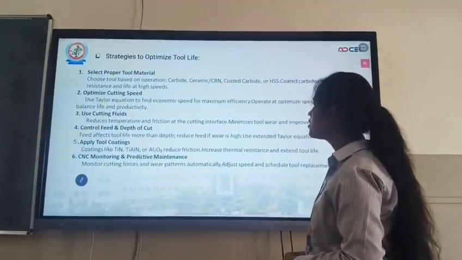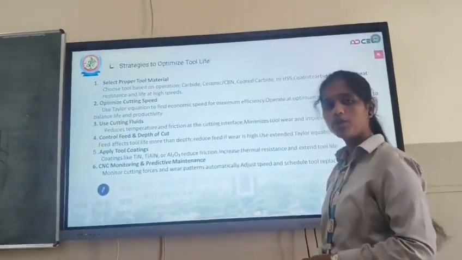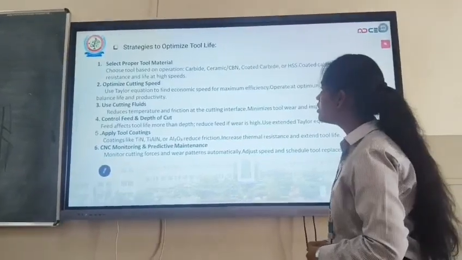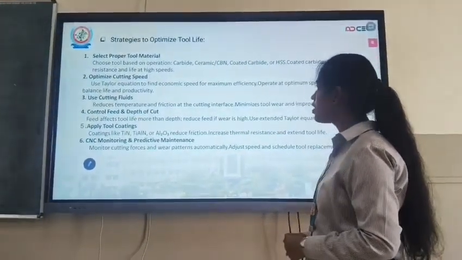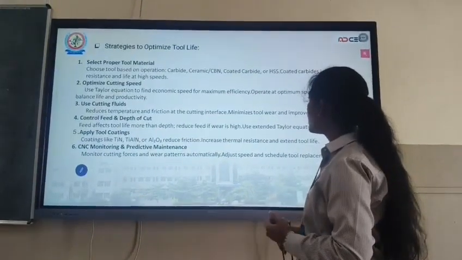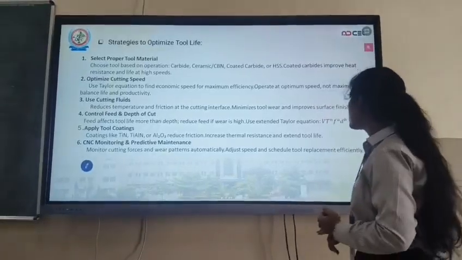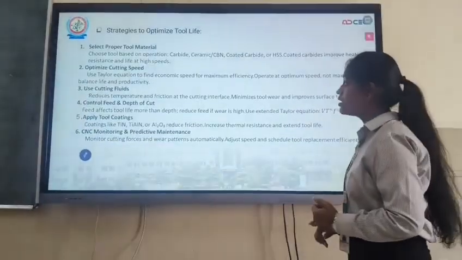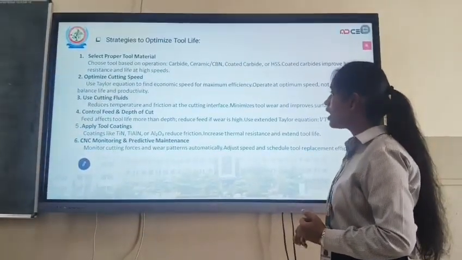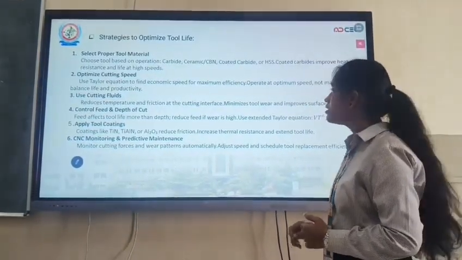Next point is strategies to optimize tool life. First is select proper tool material. Choose the tool based on the operation: carbide, ceramic, or coated carbide to improve heat resistance and life at high speed. Second is optimize cutting speed.